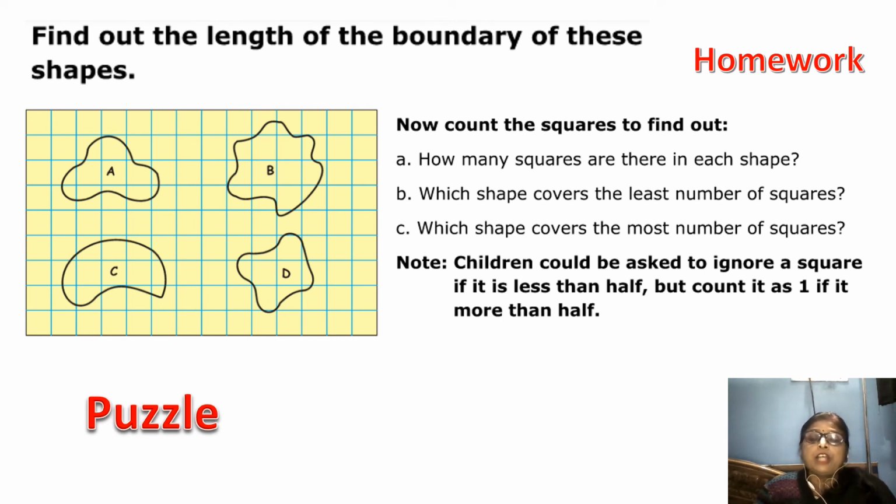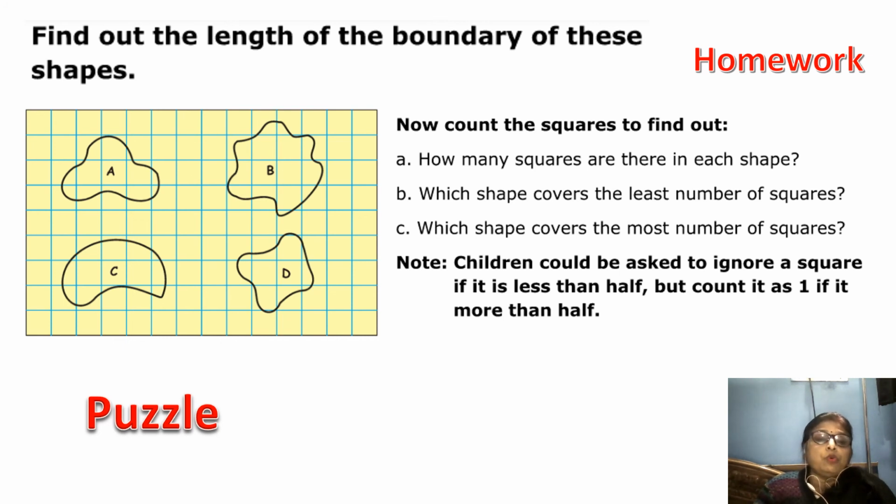Question number 1 is, how many squares are there in each shape? So for figures A, B, C, D, how many squares are needed? Count the squares and write down the answers. Next question, which shape covers the least number of squares? It means which figure is the smallest figure and how few squares are needed.